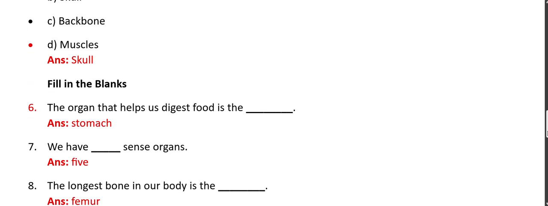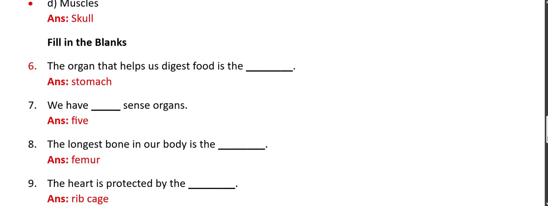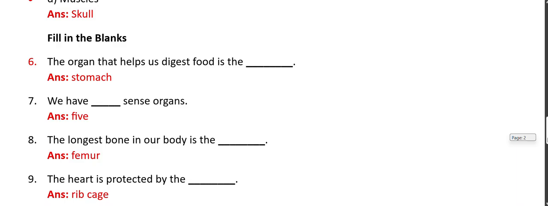We have five. The longest bone in our body is the femur. The heart is protected by which bone? It is the rib cage. When you touch your chest, you can feel the cage, the bones.